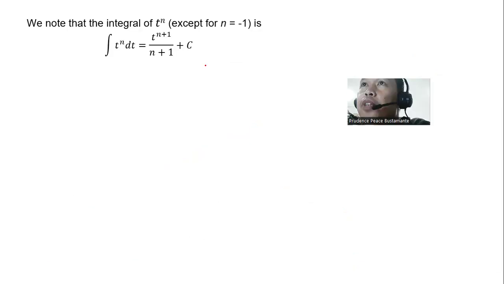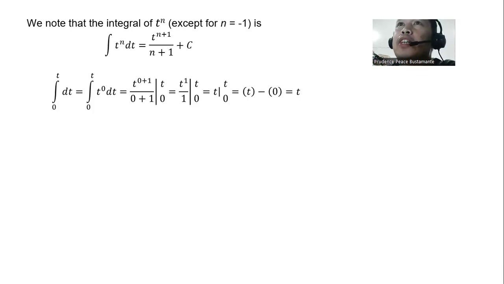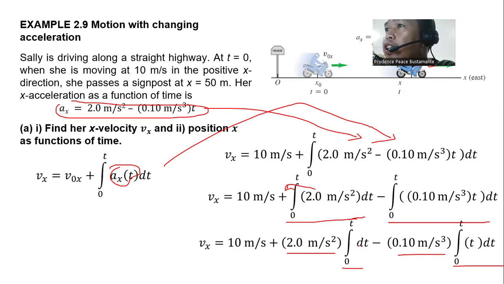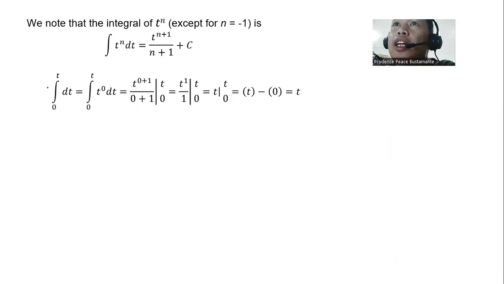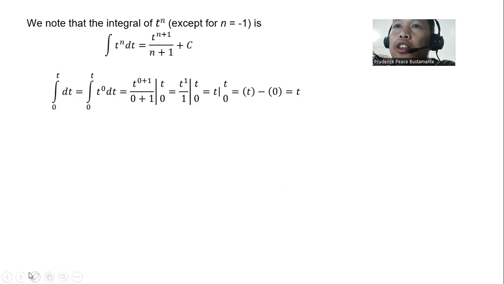This is our formula: the integral of t to the power of n dt is just t to the n plus 1 over n plus 1 plus c. For example, we are solving here the integral of dt. The integral of dt actually has t to the 0, which is equal to 1, since any number to the power of 0 is just 1.